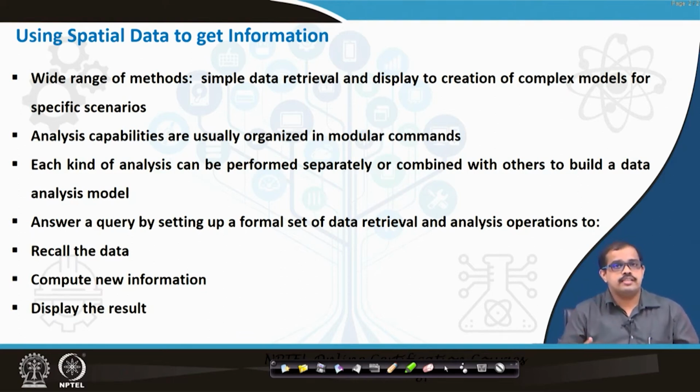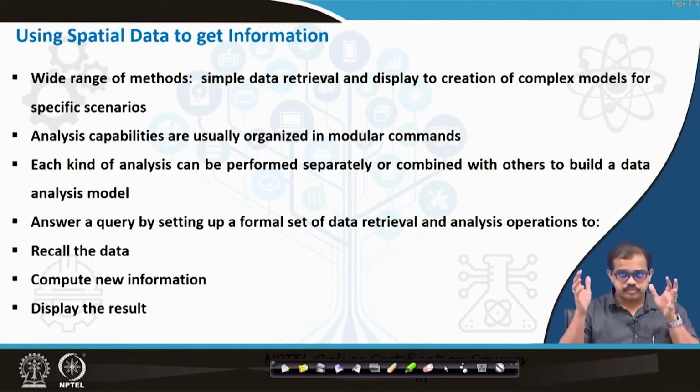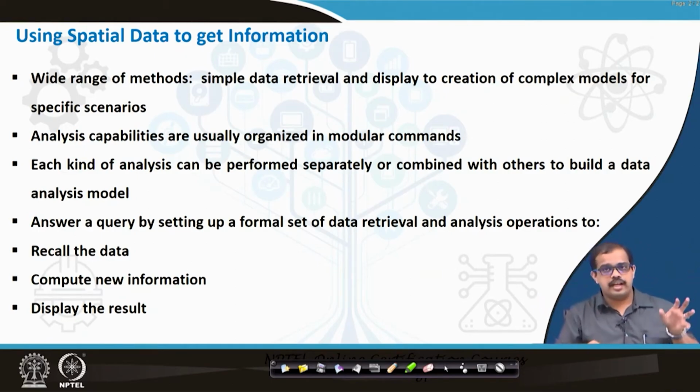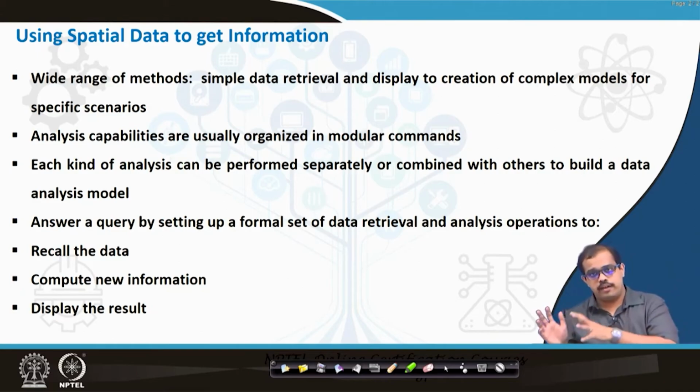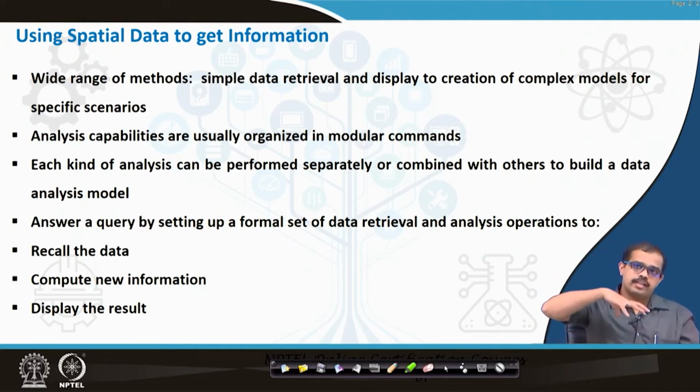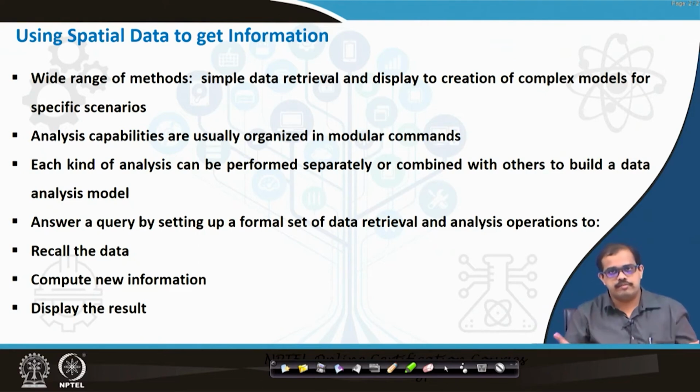Each kind of analysis can be performed separately or it can be combined with others to build a data analysis model. Which means you can look at every data as a separate model and come to the last part of analysis, or combine all the data models and develop more complex data models to give a complete solution. It depends again on the user, the way he or she wants to look at it.